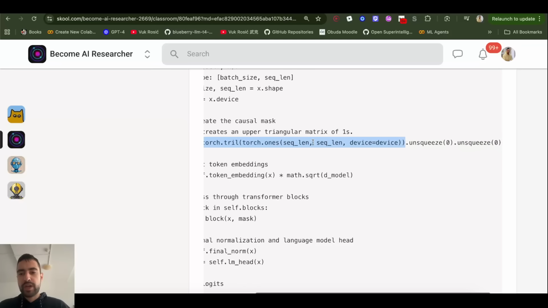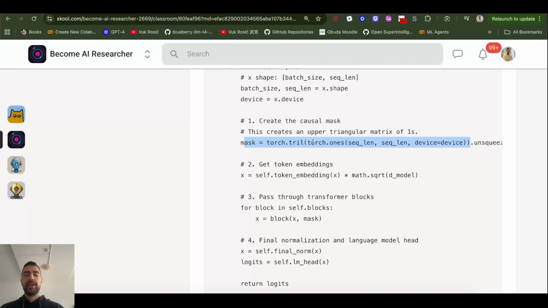So we just want to make sure that you have a triangular matrix, such that when we apply this mask to the attention, for every single query, it will only have unmasked the previous keys, and it will have masked the following keys.